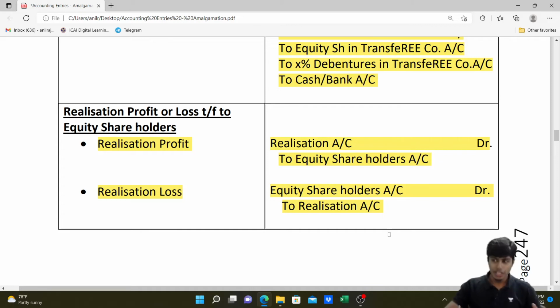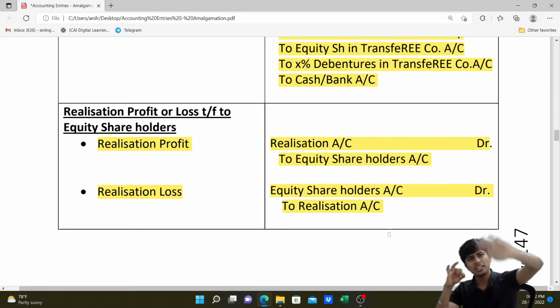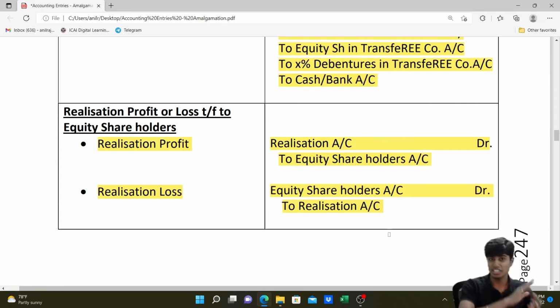And now we need to transfer the last two items remaining in our balance sheet. What items, sir? We transferred all the assets to realization, all the liabilities to realization, except capital reserves. And then that realization is taken over by the transferee company. They gave us PC and realization expenses are over. We closed the realization account also.